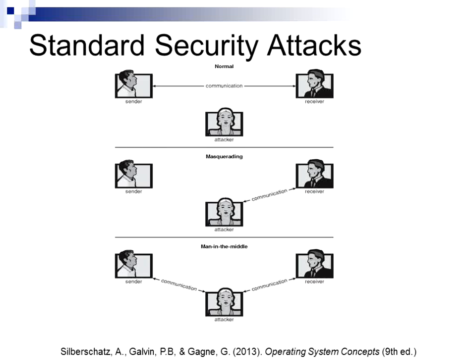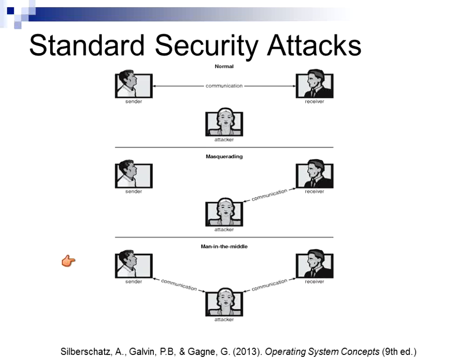Your book has some graphics of this, where we have normal communications where the sender and the receiver talk to each other and the messages aren't impeded in any way. We have a masquerading attack where instead of the sender actually connecting to the receiver, an attacker connects to the receiver and masquerades as the sender.